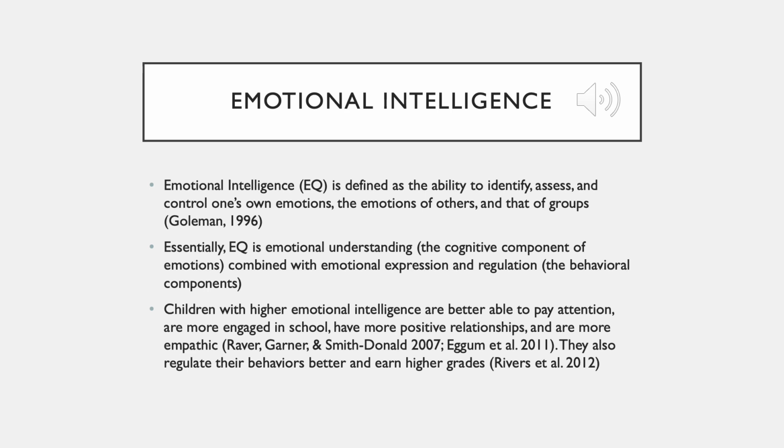And this supports their ability to regulate their behaviors and have grades that are more successful. And so just in the long run, being able to have the ability to control our emotions, to understand our emotions, to express ourselves, it supports us and sets us up for success in all other areas in our lives.